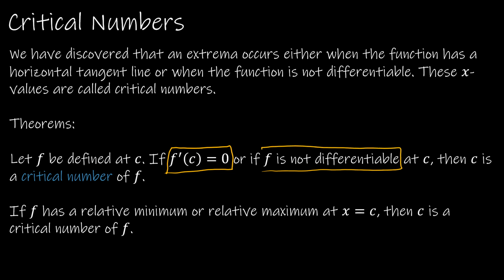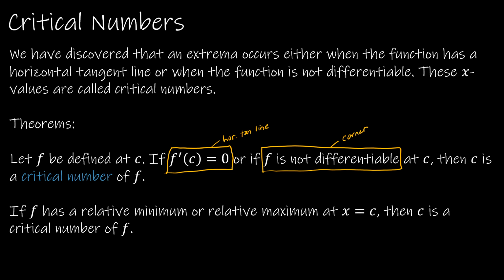So those are the two instances we just looked at: when we have a horizontal tangent line, or it's not differentiable, so we have a corner. That is where a minimum or maximum will occur. Keep in mind, however, that you may have critical numbers that are neither a minimum nor a maximum.